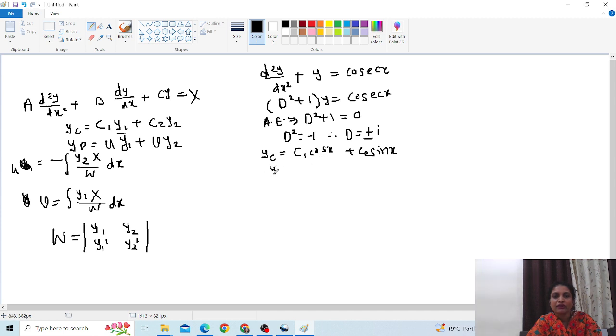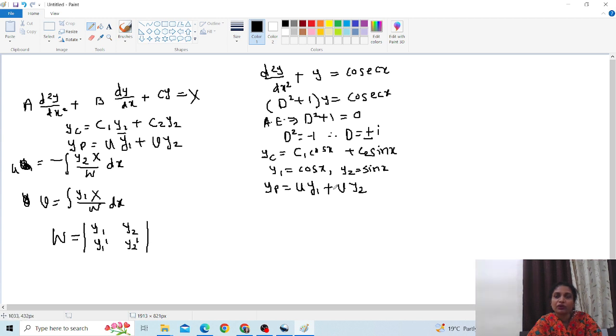So what is y1? y1 is cos x. And whatever along with c2 is there, that is nothing but y2. So y2 is sin x. Then as you know the value of y1, y2, let's assume that yp is equals to uy1 plus vy2.